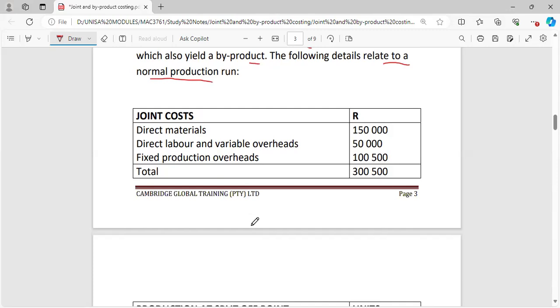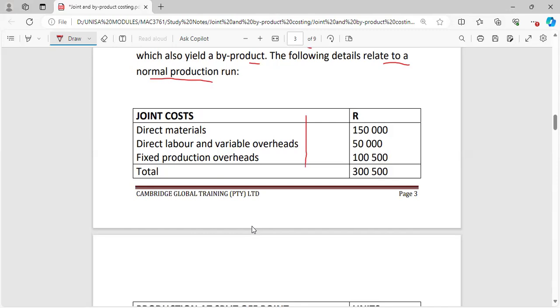We have the joint cost: direct material, direct labor, and variable overheads, fixed production overheads. Remember, these joint costs are the cost before the split off point.